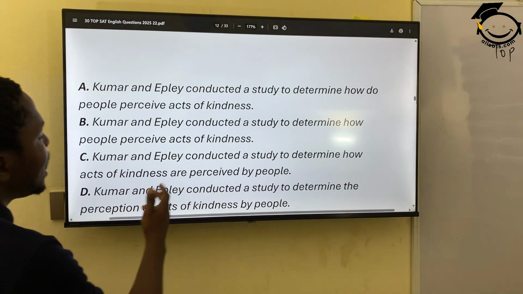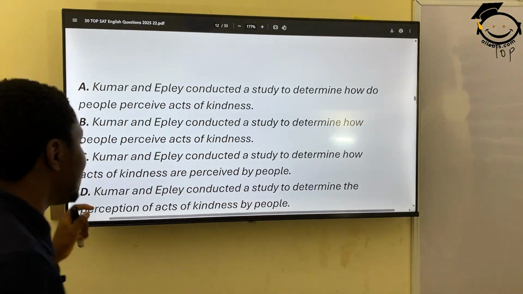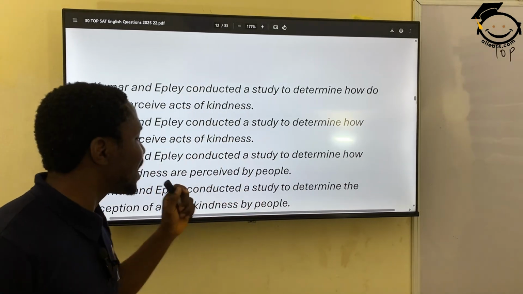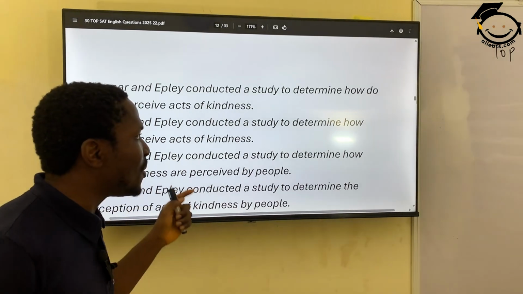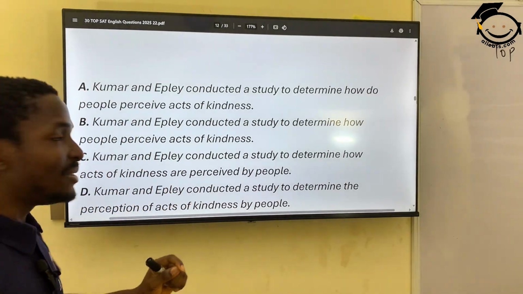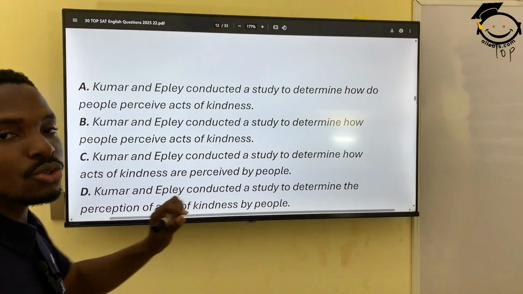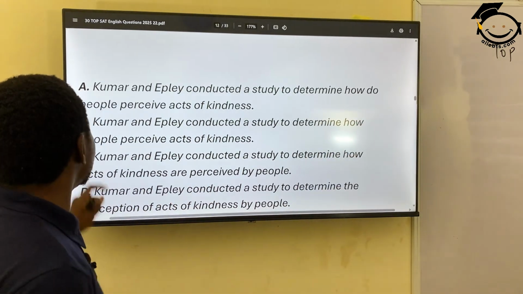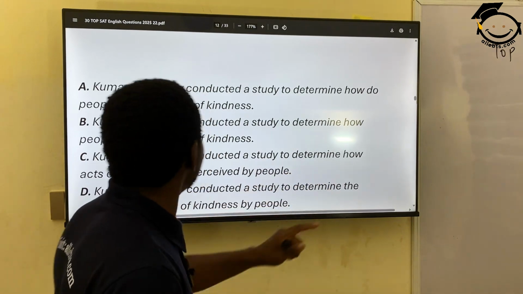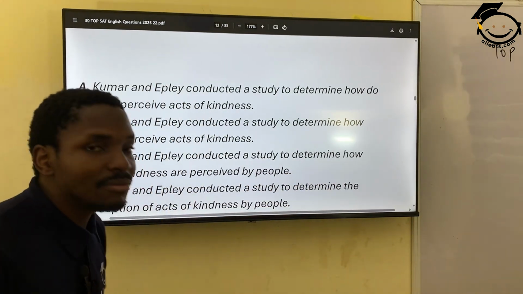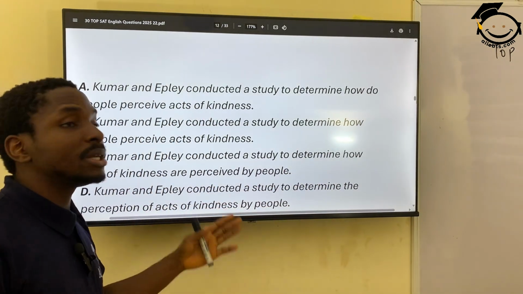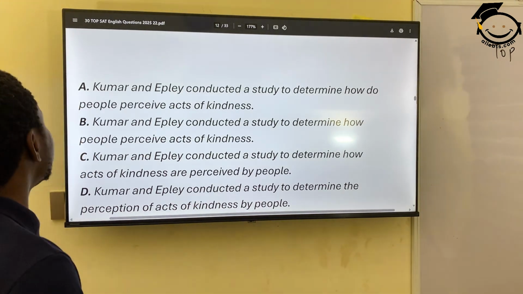Then we have Kumar and Epley conducted a study to determine the perception of acts of kindness by people, which is a little bit more complex. So the simplest here is B, that shows clarity and precision. Kumar and Epley conducted a study to determine how people perceive acts of kindness. Even a dummy would understand that.